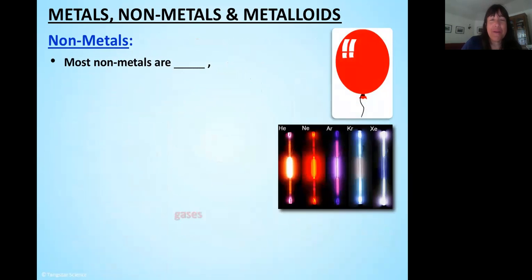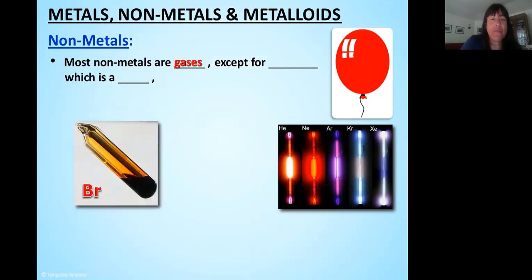Nonmetals, most nonmetals are actually gases. Except for, there is one nonmetal that is a liquid, and that is bromine. And I want you to look at this picture that looks like a bunch of neon lights. Notice that those are all from family number 18, okay?